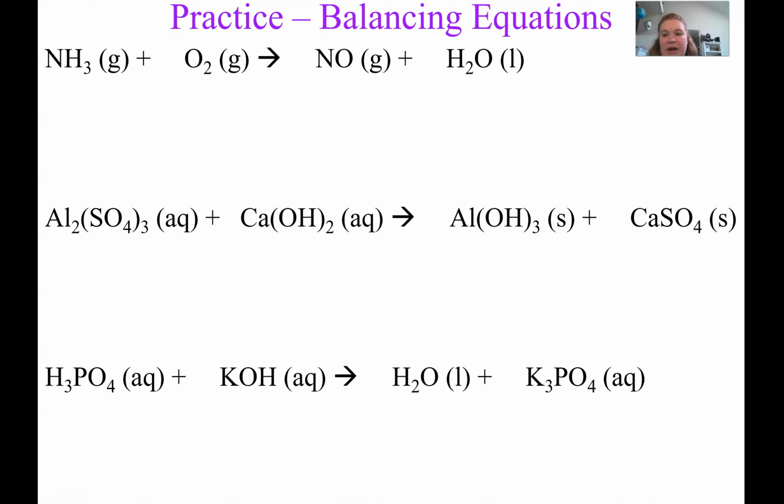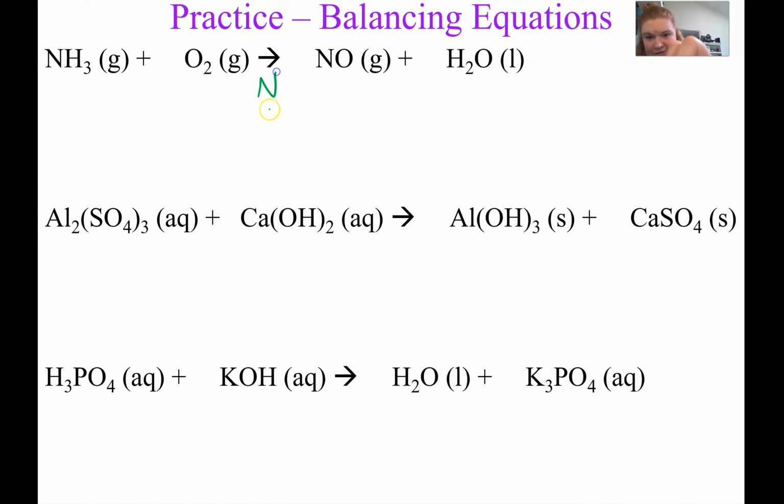I start by writing down every type of atom in the reaction. So our first reaction is NH3 plus O2 makes NO and H2O. So we have nitrogen, hydrogen, and oxygen.